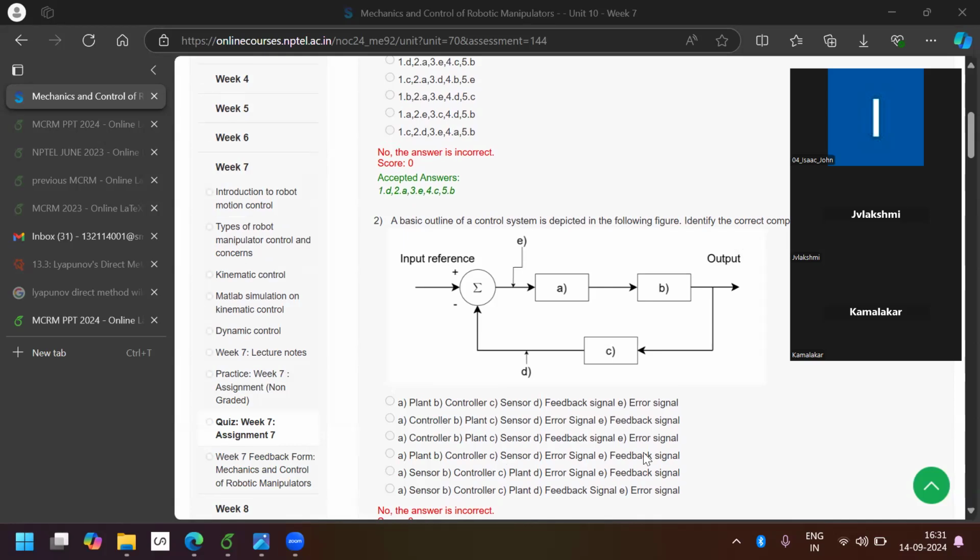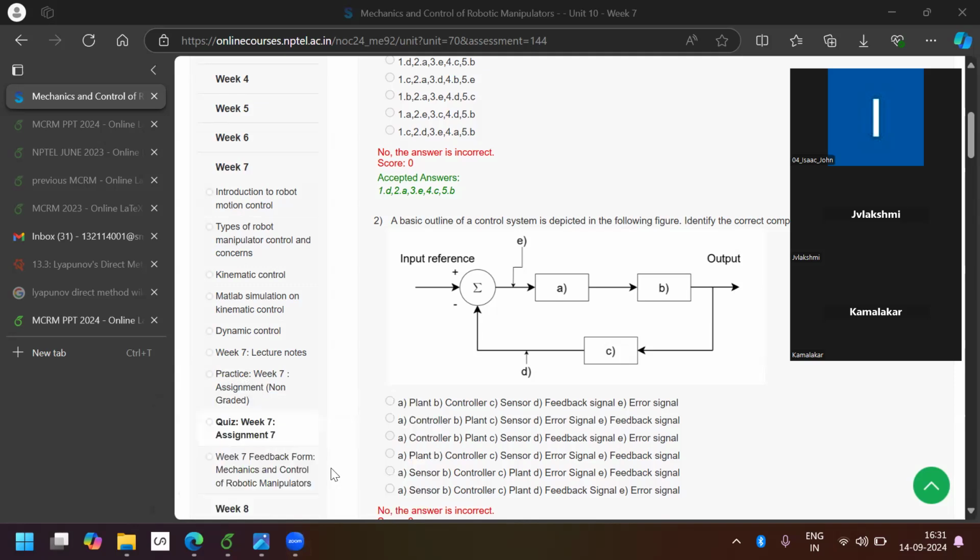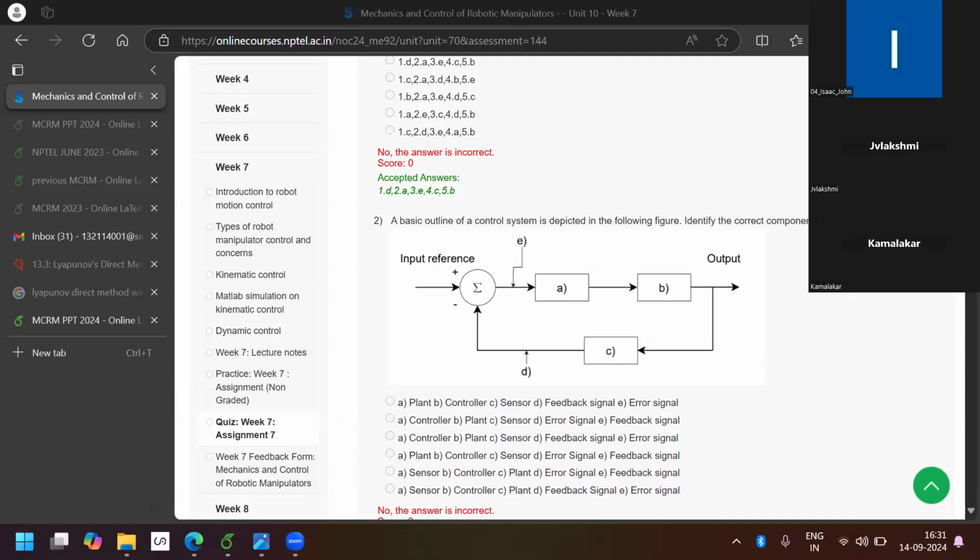Sure, no problem. Can I go back to my notebook? Is it fine? Yes, sir. Let me revert back. It's slow. It should be up anytime soon now.